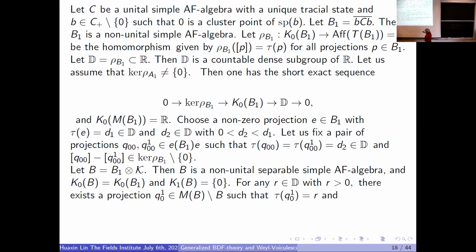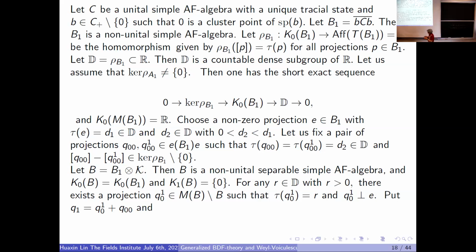And if you believe me, and we say K0 of the multiplier algebra is just R. Okay. And we want it orthogonal to E. Now the reason is B is now stable, so you have lots of projections outside.